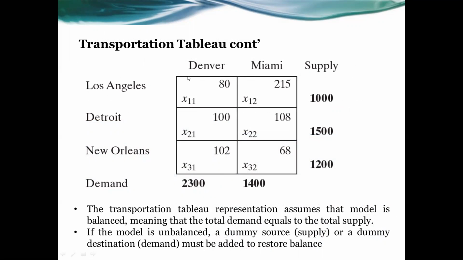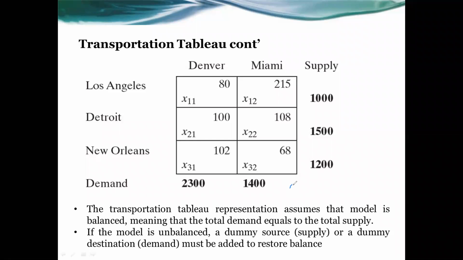Now we have a question: how are we going to fulfill this demand of 2,300 by using these three supply sources? The description says the transportation Tableau representation assumes that the model is balanced. What do we call a balanced model? If you add these two demands, 2,300 and 1,400, what do we get as a total?